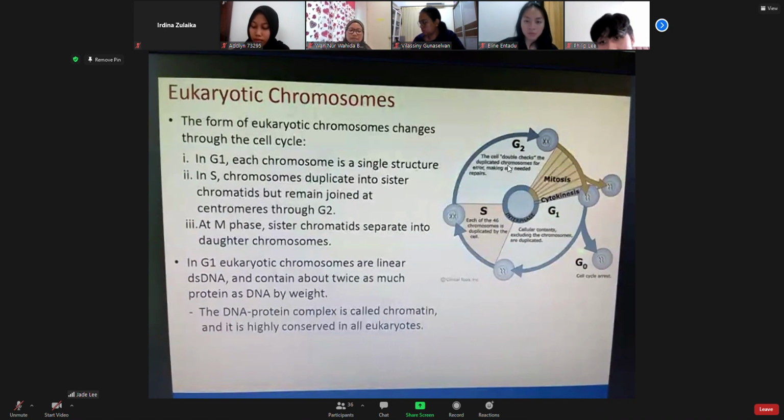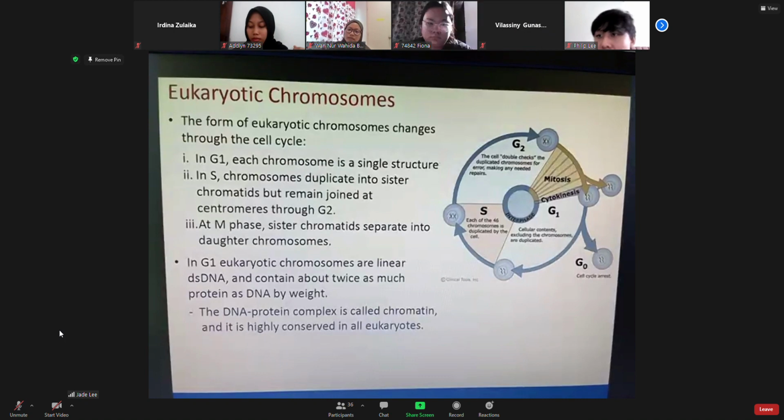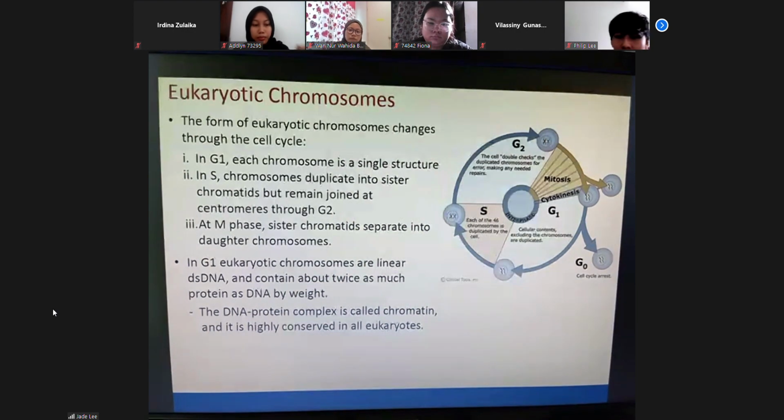Sama dia di G1, S, G2 dan mitosis. Betul tak? So the pattern of the chromosome also different at each of this stage of the cell cycle. Are you agree with me? Yes. Yeah, agree kan? So chromosome duplicate into sister chromatid but remain joined at centromere through G2 di sini.